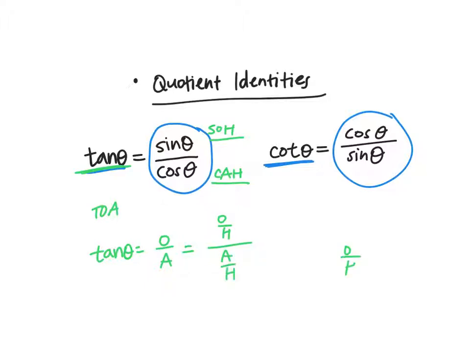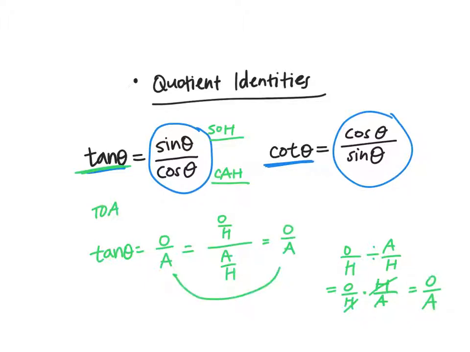Notice that we have O over H divided by A over H, which is O over H multiplied by H over A. The H's cancel out, and you end up with O over A. So these are identities. They're actually equivalent to each other. Same thing with cotangent theta and cosine over sine.